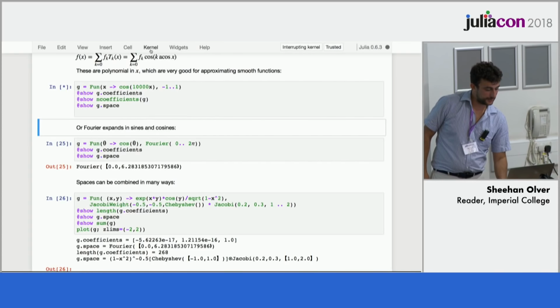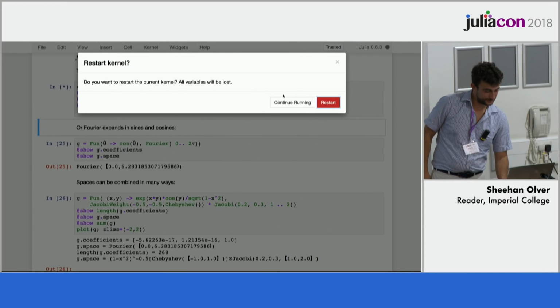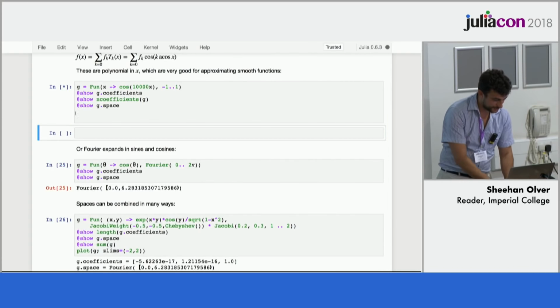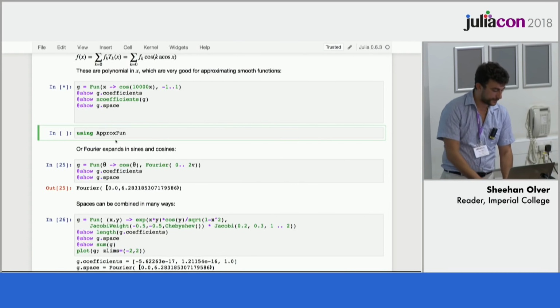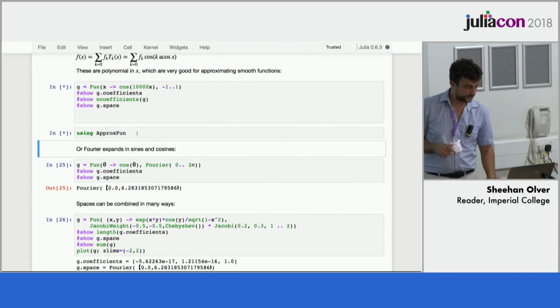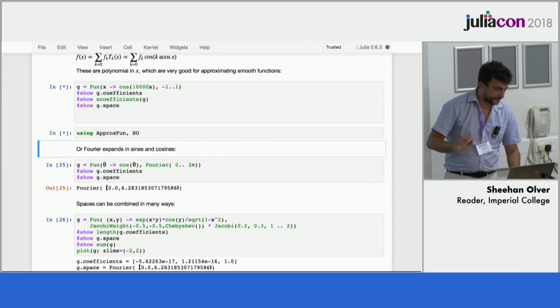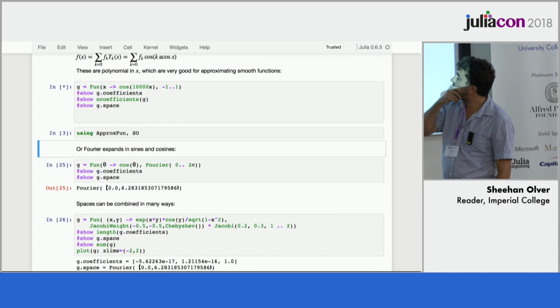All right, let me restart. Okay, I'll start that. We'll see how that goes. I think I need some other things. I don't know. All right, okay, so while that compiles.